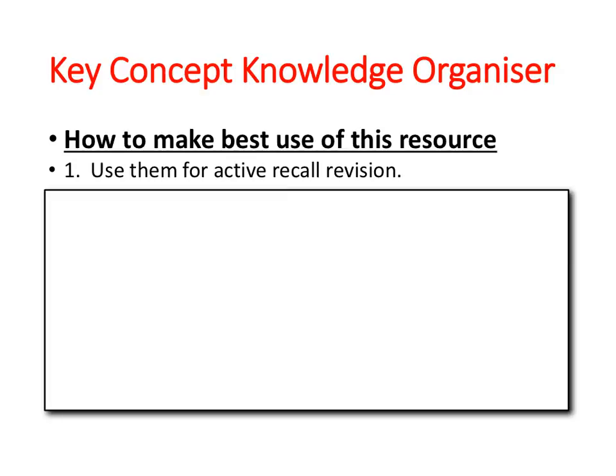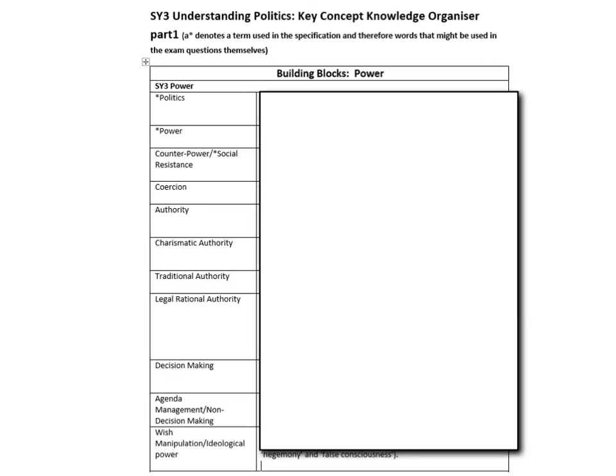Now, going back to what I said about effective revision, we can use the knowledge organisers to facilitate this really effective revision strategy called active recall revision. So once you've studied a particular topic, rather than simply rereading your notes, you need to test yourself, and this is where the knowledge organiser can aid that process of active recall, because you can simply cover up the definitions and the explanations and the key names, and you can test to see what you can actually remember.